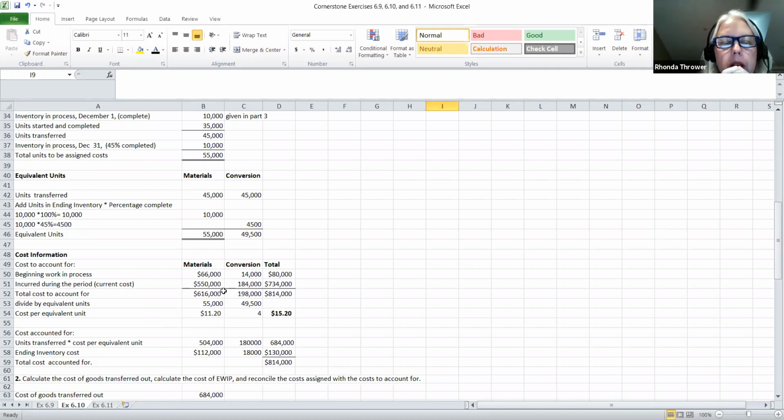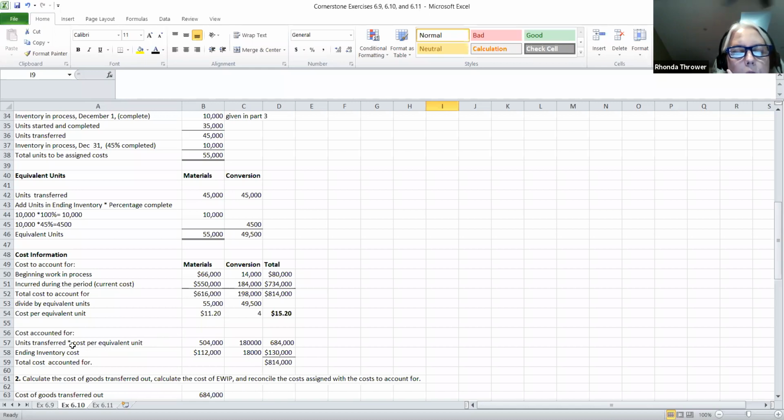You combine them together and determine the equivalent units, the cost per equivalent unit based on the combination of what happened last period with what's happening currently. We're combining them together here.